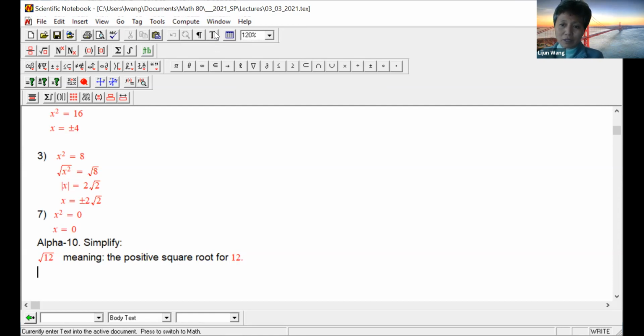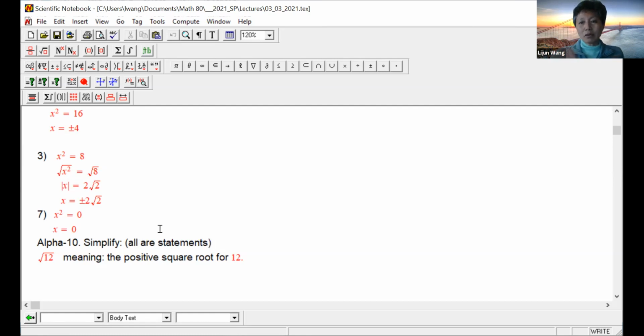You find one, you find the other. So you don't need to. So these are just statements, and we simplify these statements. You just simplify them and write them in another way.